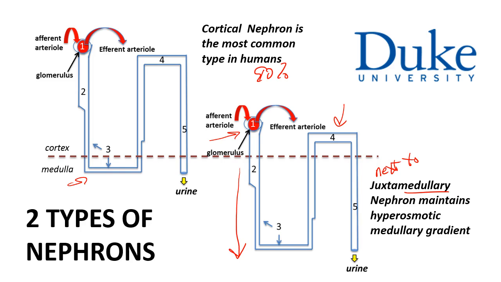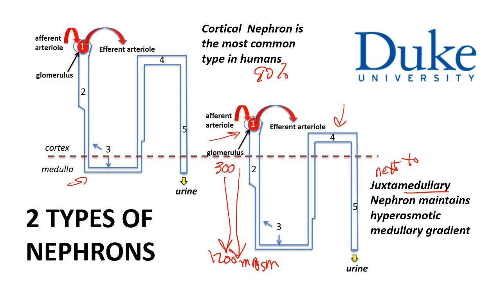Only about 10% of the nephrons of the human kidney are juxtamedullary nephrons. But these nephrons are extremely important for establishing an osmotic gradient within the medulla. This osmotic gradient extends from 300 milliosmolar to 1200 milliosmolar, deep within the medulla, within the interstitial tissue of the medulla itself.